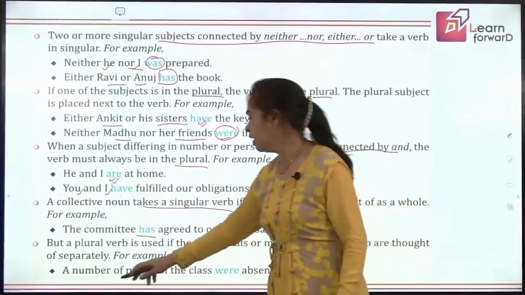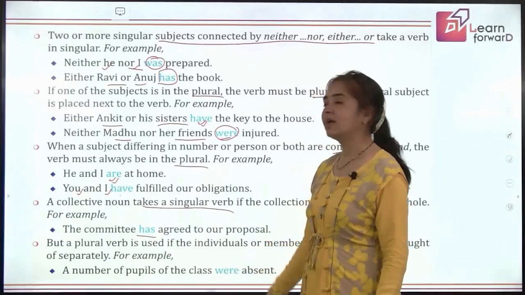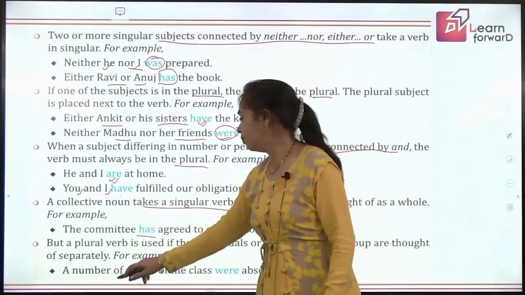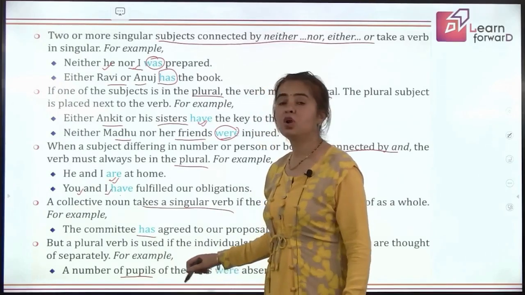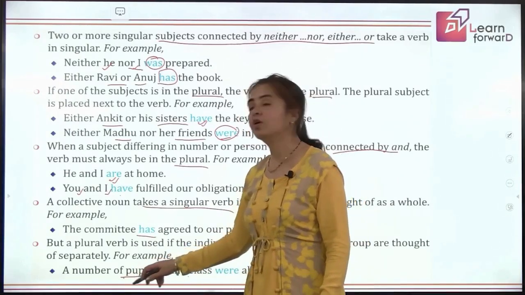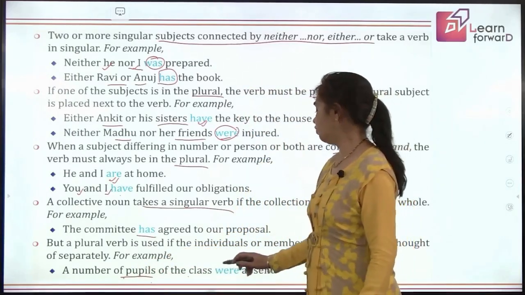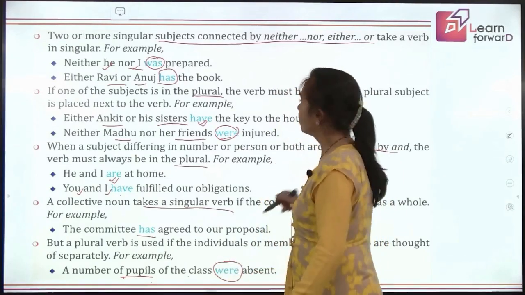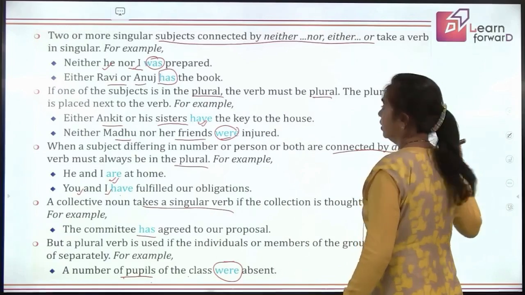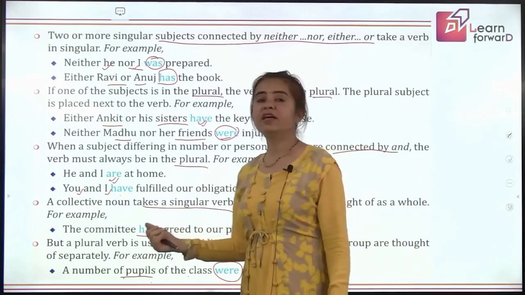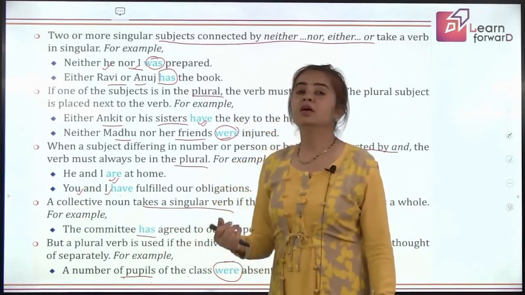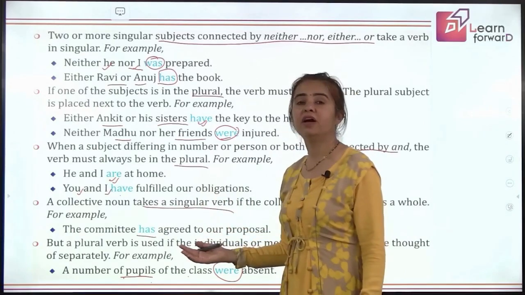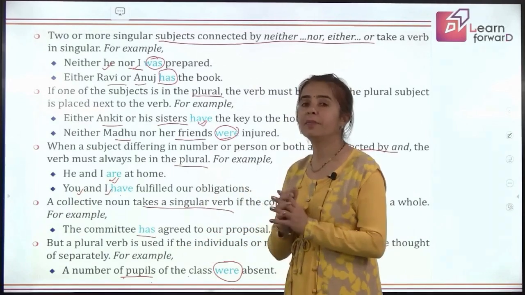So if you say a number of pupils of the class, here we are talking about the number of pupils of the class, not the class. So it will carry a plural verb with it, right? With the collective noun, if I say the committee agreed to our proposal, here they have agreed on one, so they are coming up together.